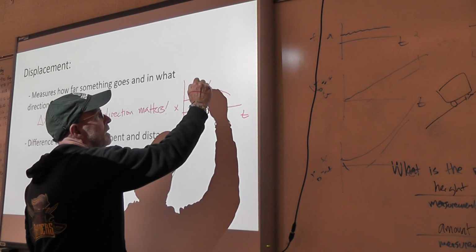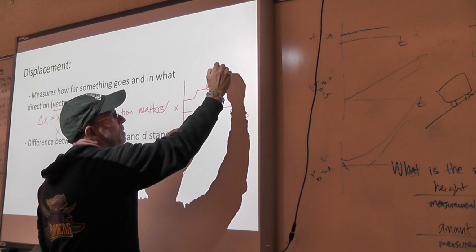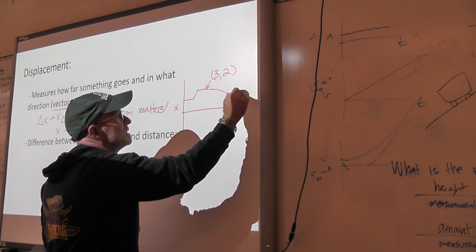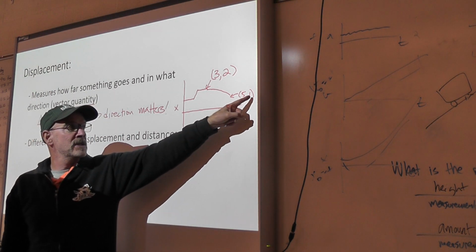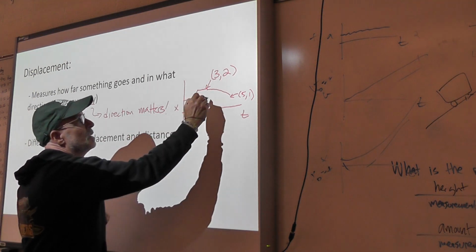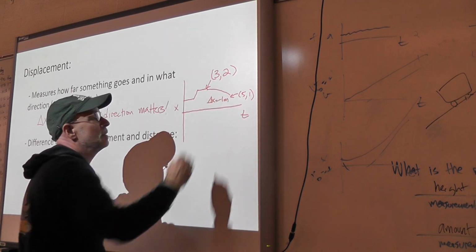So for example, this coordinate was 3 seconds, comma, +2 meters. This coordinate was 5 seconds, comma, +1 meters. There's my final position, there's my initial position. What was my displacement? My displacement over that time period has to be -1 meter.